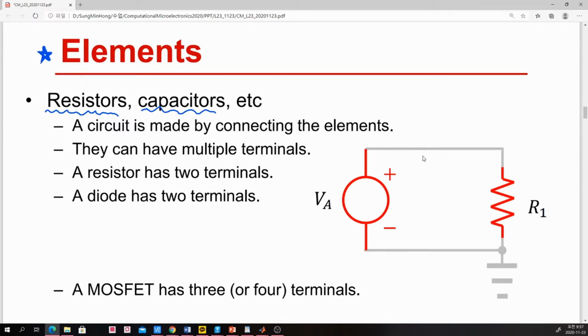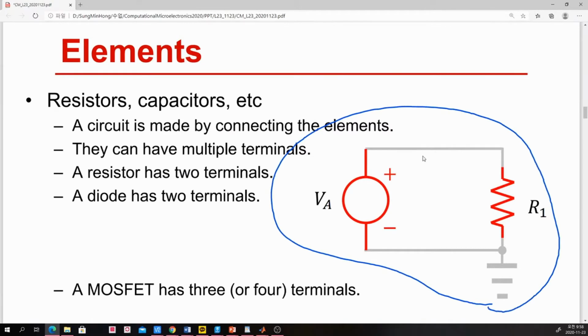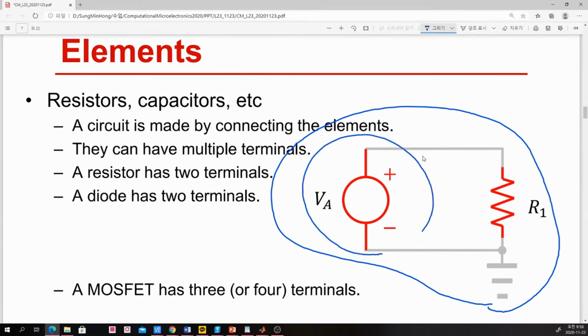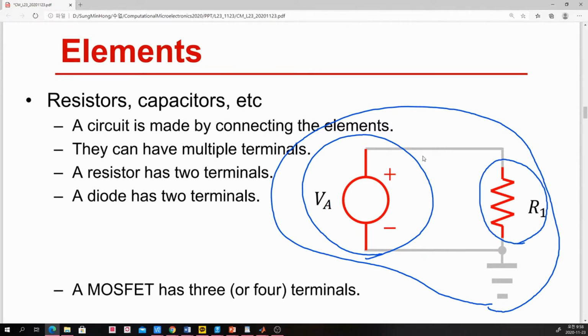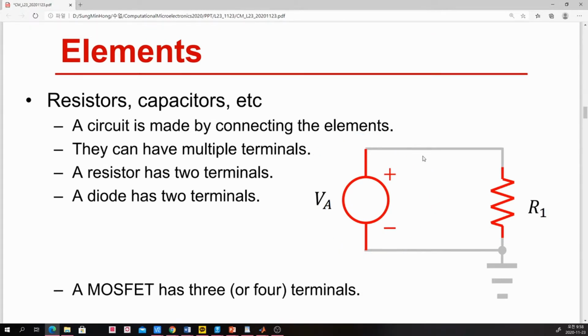That will be regarded as an element. For example, in this simple example in our lecture, what will be the elements? In this case, we have 2 elements. One is a voltage source, another one is a resistor. A current source can also be an element. So a circuit is made by connecting the elements.